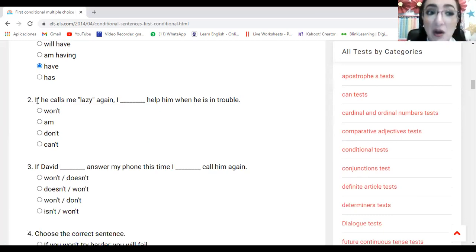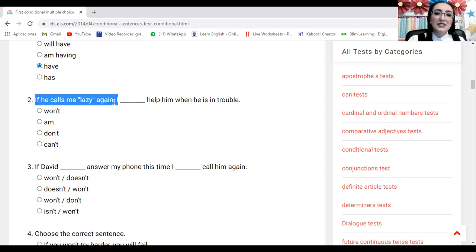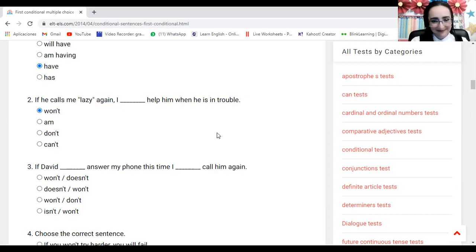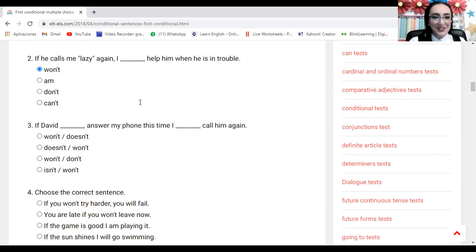If he calls me lazy again, super clue. Your condition is here. You need to complete your result. I won't help him when he's in trouble. Because it's the only option with future, and also because the result has to be in future.